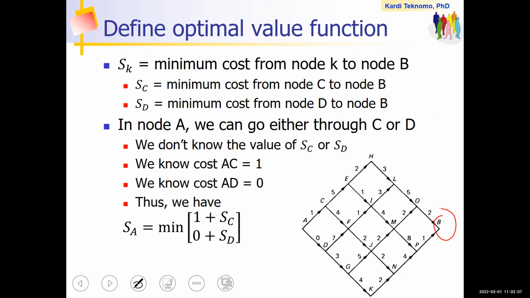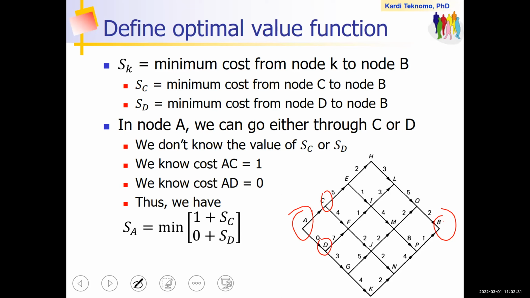Okay, so now in node A, from node A to node B, how are you going to do it? There are two possibilities, right, from node A. From node A, you can go to C or D, correct? This is A, okay, this is C, this is D, okay?